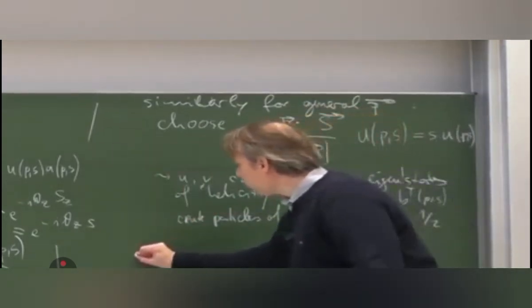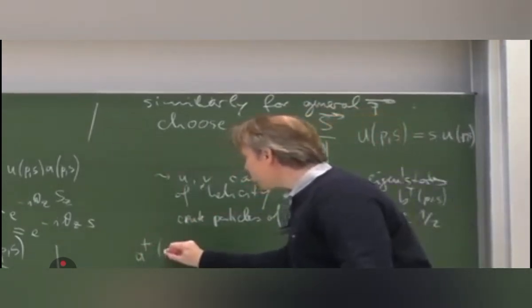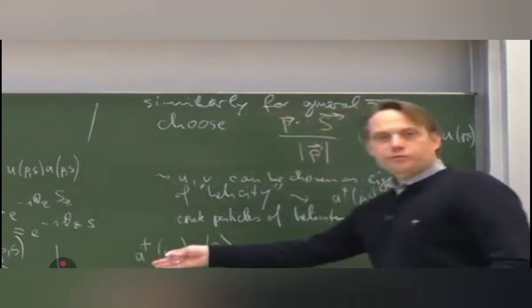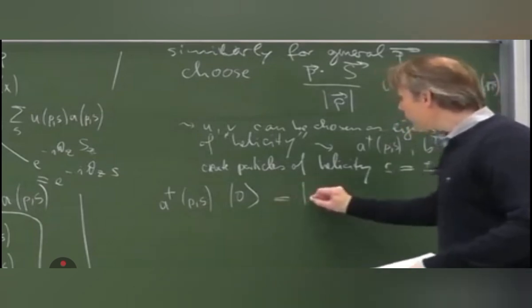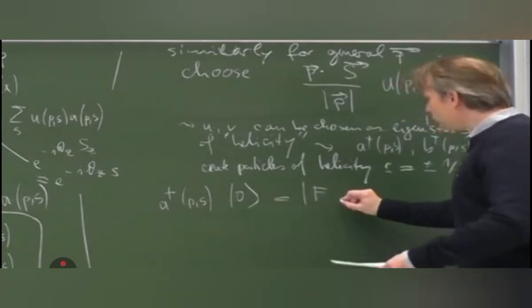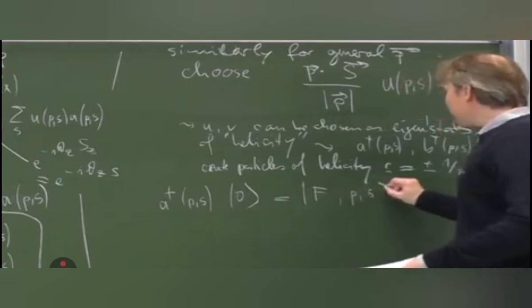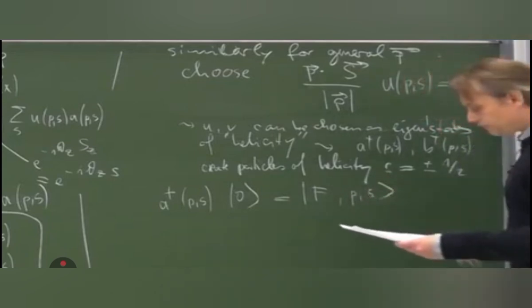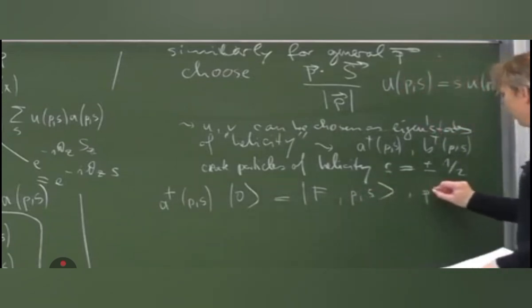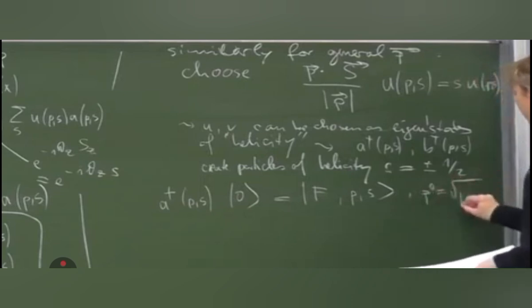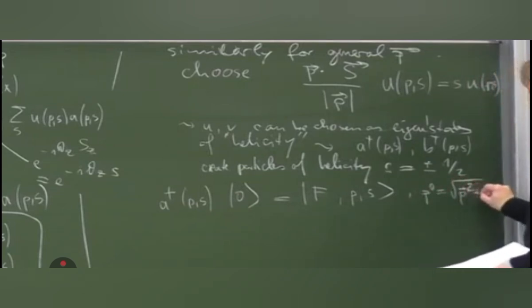Okay, and then let me just write down some more explicit equations. You can now create a one particle state out of the vacuum by applying this a dagger of p comma s. That would be, let's call it F for fermion, with momentum p and helicity s, where again p0 is an abbreviation for the square root of p vector square plus m square.